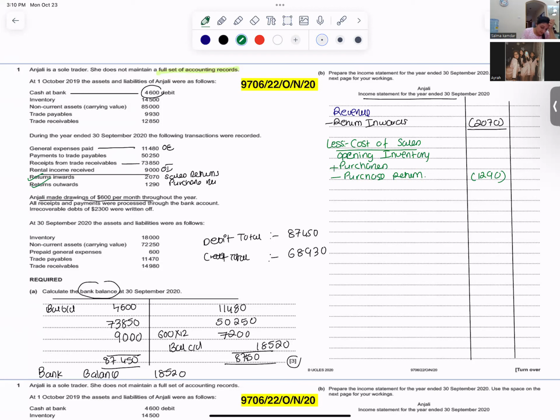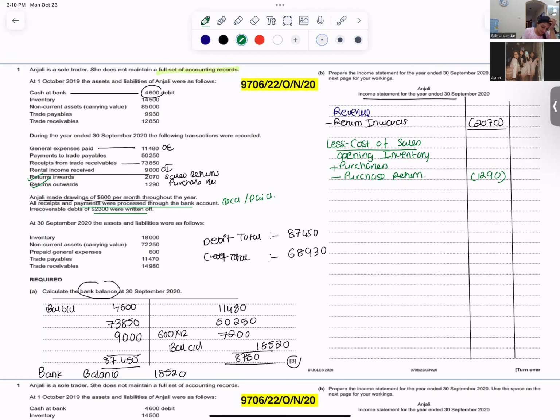Now you have opening inventory. Now all receipts and payments were processed through the bank account. Can you see this? So whatever you have received and whatever you have paid is going through the bank account. You have bad debts of how much? Bad debts is 2300.